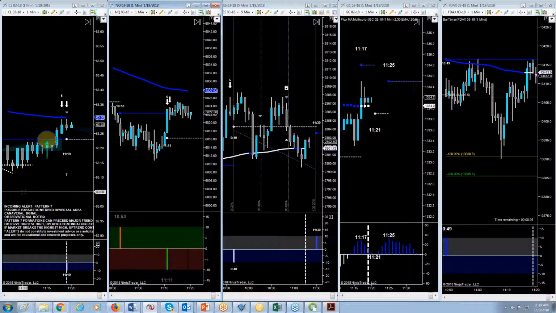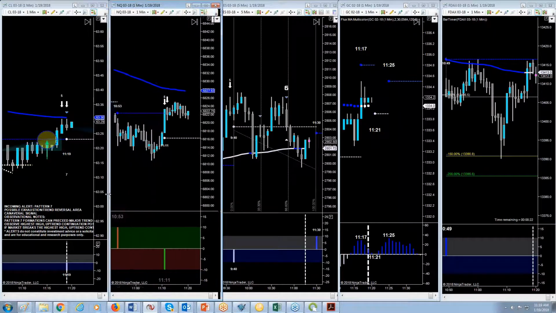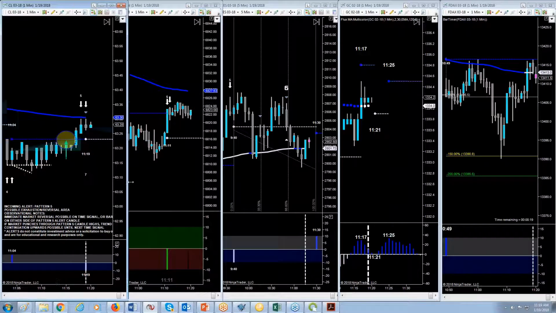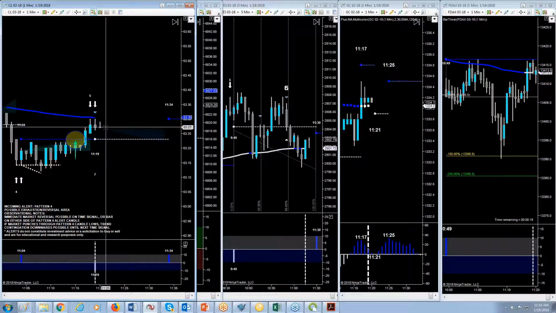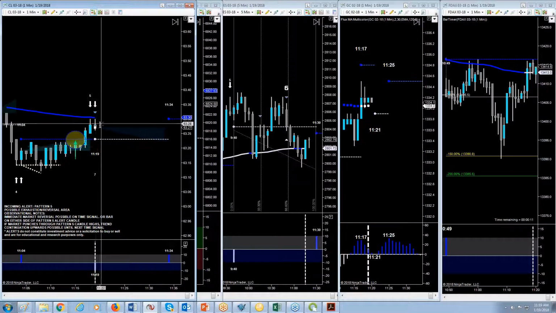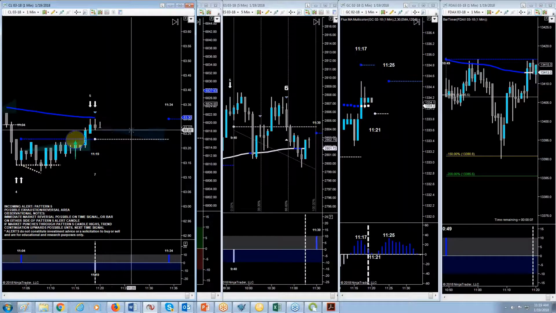So here's the next alert for crude. If you have Warp, we can read this right here. This is a pattern 7, right? Pattern 5 and a pattern 7. And there's a warning: be careful.